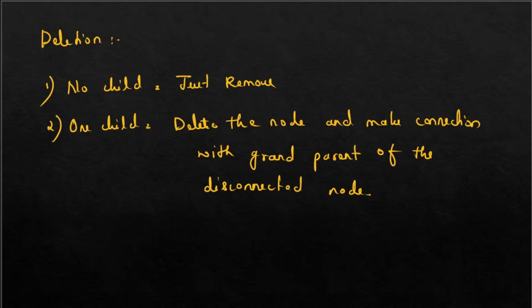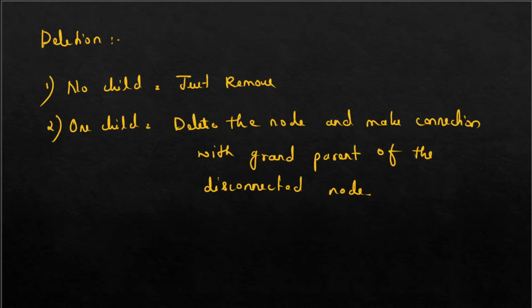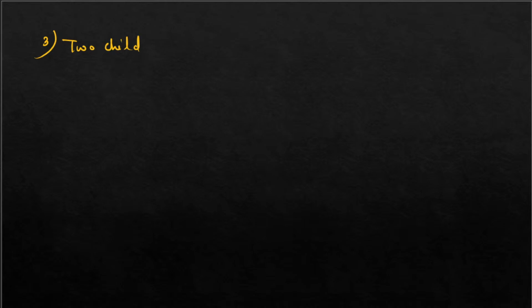But what if we have two children? There is also a process for this. Third is two children. We are talking about a binary tree. Deletion cases: no child, one child and two children. There are two methods for two children. The first is replace with in order successor.